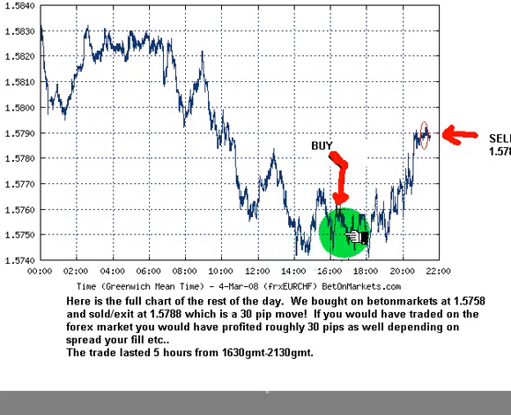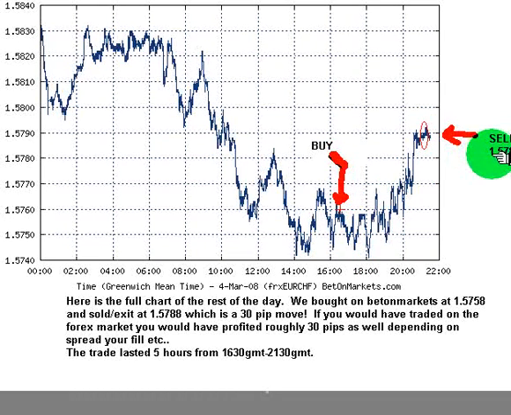As you can see, the market traded down a little bit, trying to go for the low again. It stopped there, bounced back up, bounced back down, finally broke higher, and at the end, this trade lasts 5 hours. At the end, our exit price was at 1.5788.